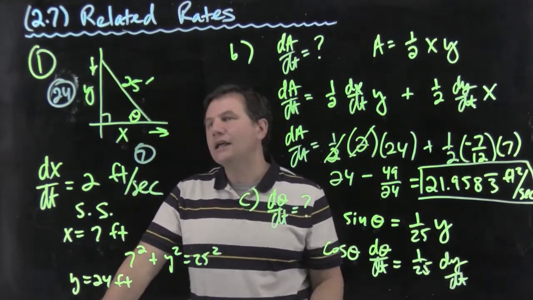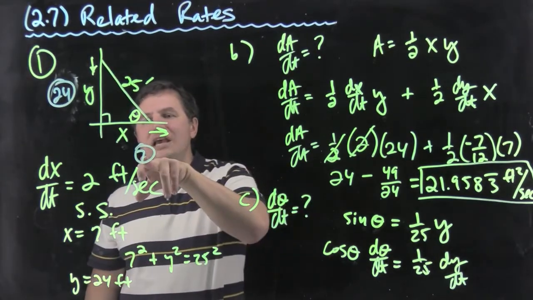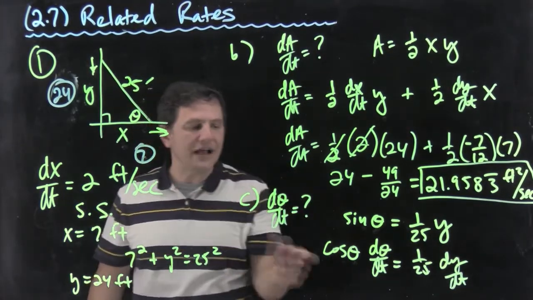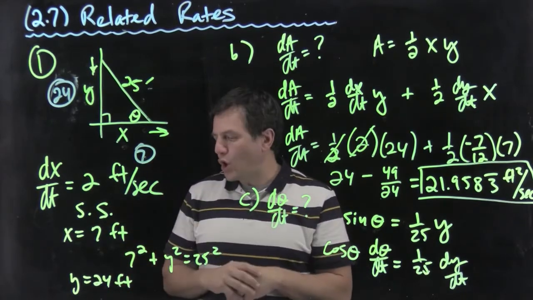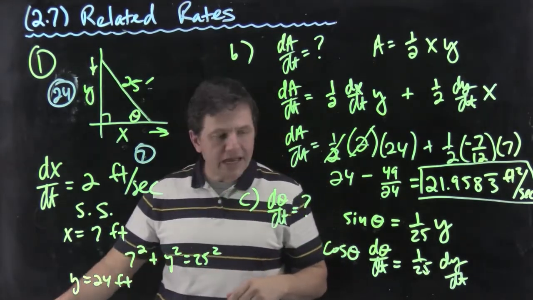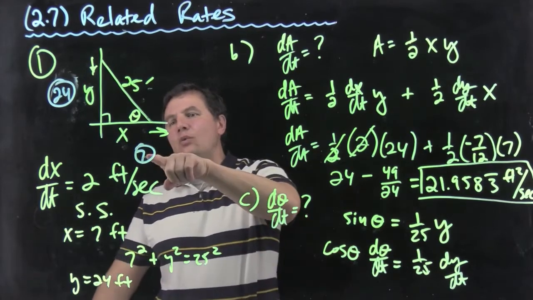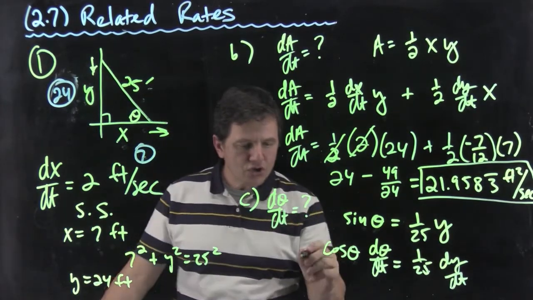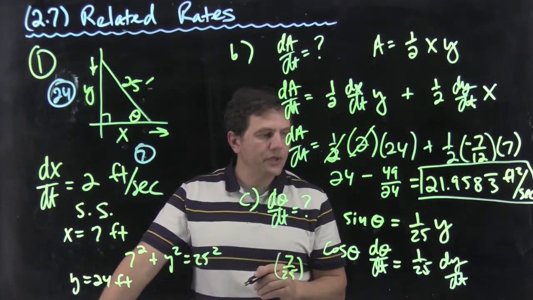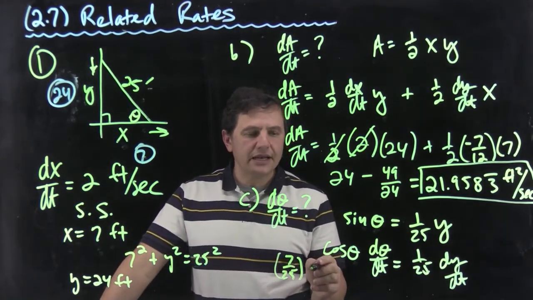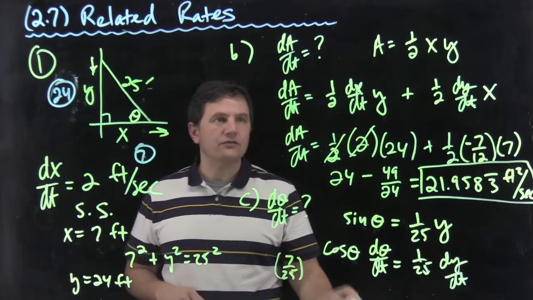So cosine, I'm just doing from theta adjacent, which is 7 over 25. So I don't actually have to find out what theta is because I can replace that whole cosine here. Cosine of theta is equal to adjacent over hypotenuse, so that's going to be 7 over 25.